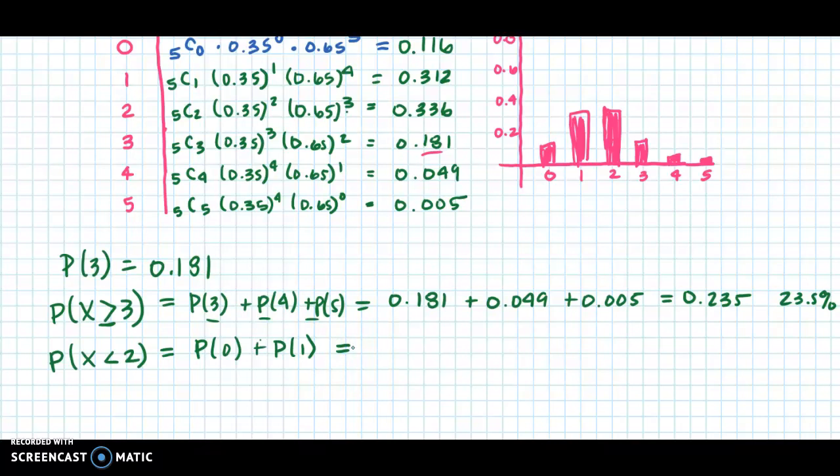So you would say 0.116 plus 0.312, which is 0.428, or 42.8%.